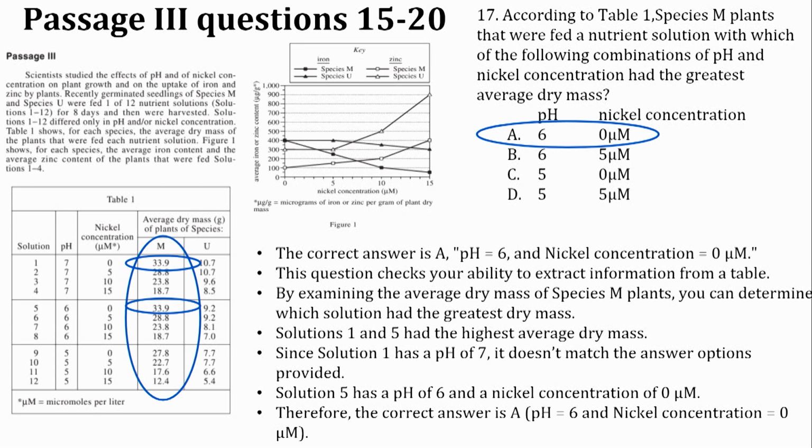That 33.9, that's in first place as far as the highest average dry mass. But none of our answer choices has a pH of 7, so that can't be the right answer. The other answer choice that is tied in first place with that 33.9 grams is Solution 5, and it does have a pH of 6, and so that is going to be our correct answer there.